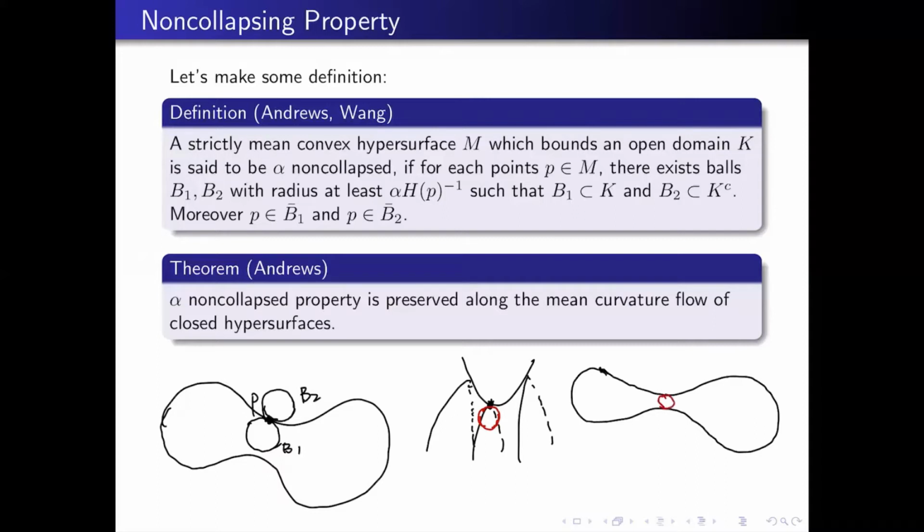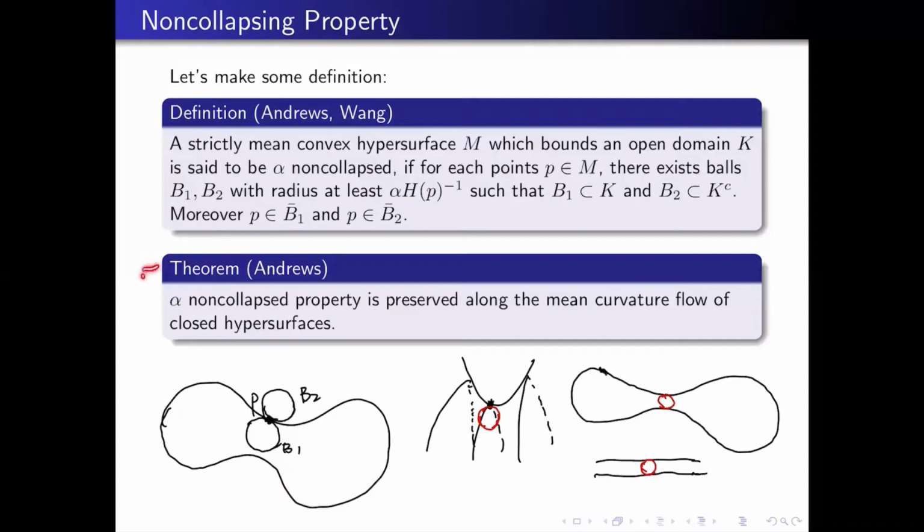For example, we can make a clearer picture: if we have two sheets that are close to flat, but very close to each other, then the mean curvature is tiny, so this quantity will become huge. But since they are very close to each other, we can't fit in a huge ball. That way, the non-collapsed property will also fail.